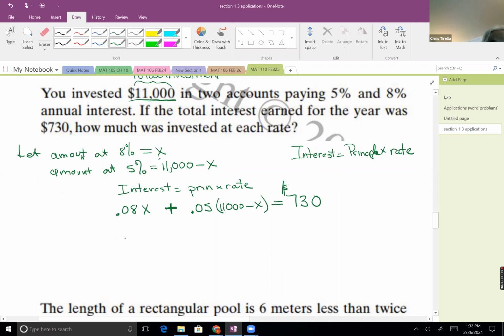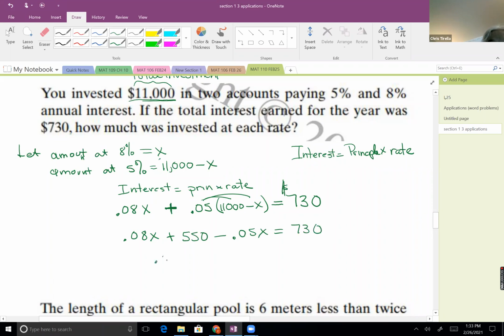And so that gives me 0.08x plus, distributing here, 550 minus 0.05x equals 730.